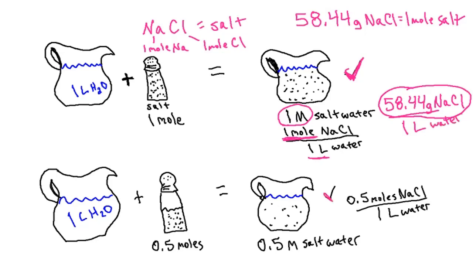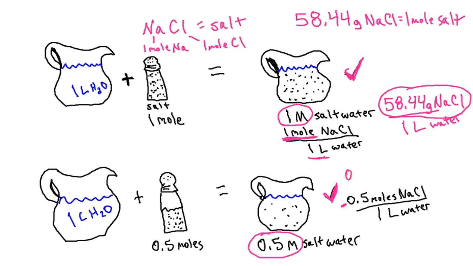But what about down here in picture number 2? The molarity is only 0.5, which means you only put in half a mole, or 0.5 moles, of sodium chloride for every 1 liter of water.